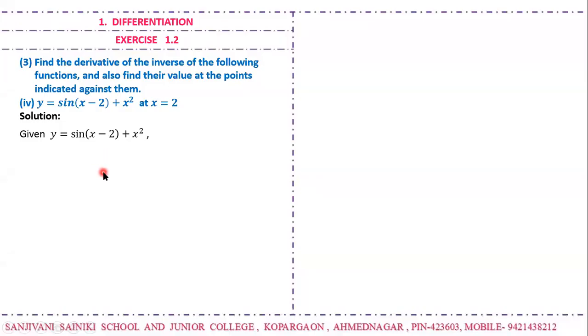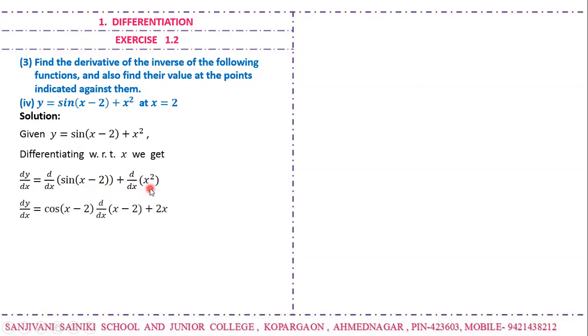Now the next function is y is equal to sine of x minus 2 plus x square. Differentiate directly with respect to x. Derivative of sine of x minus 2 plus d by dx of x square.